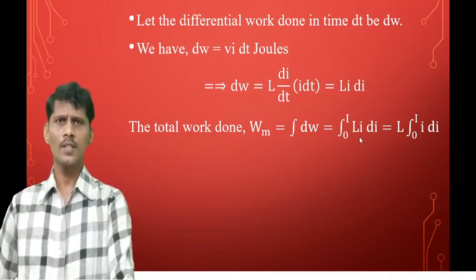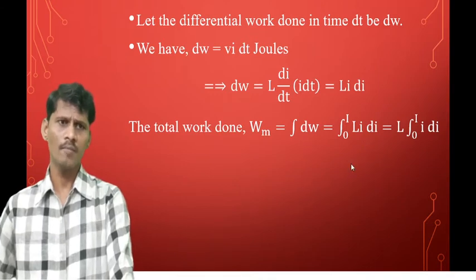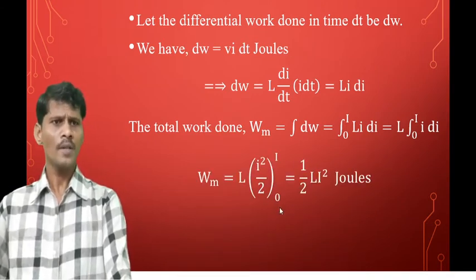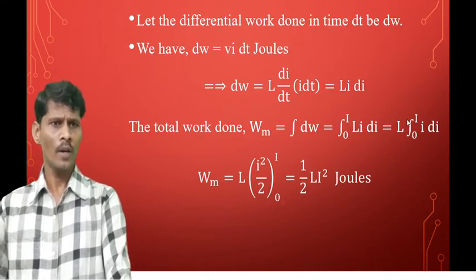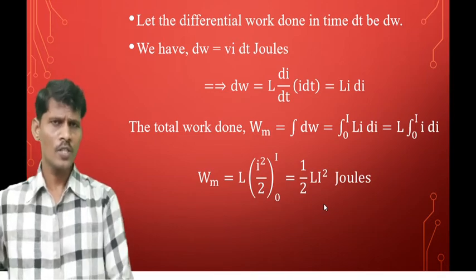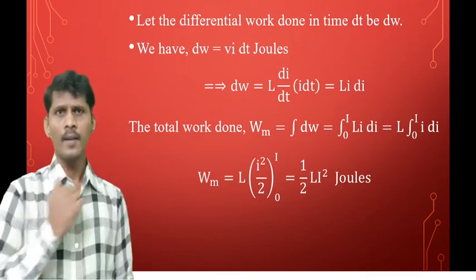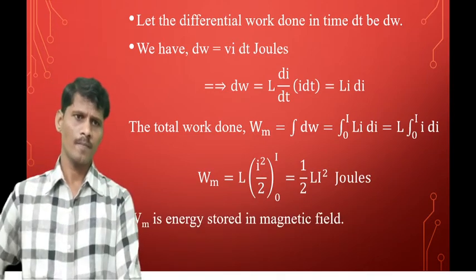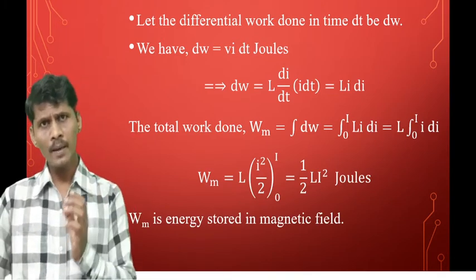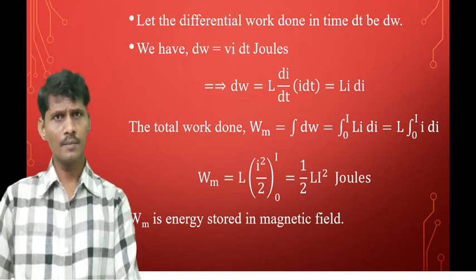L is a constant, so it is written before the integration. Integral of i di is I square by 2. After applying the upper and lower limits of I, we get half L I square joules. So this is the total work done in magnetostatics, where Wm is the energy stored in the magnetostatic field.